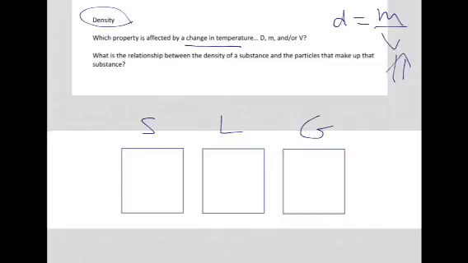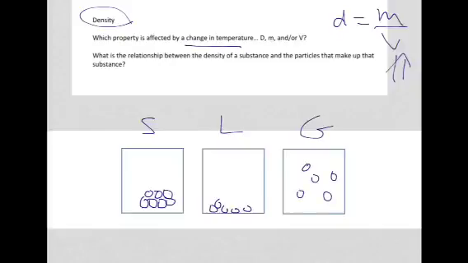If I'm going to represent maybe a circle as an atom or a molecule, then as solids, my circles, and I apologize for my circles not being so great, we would have the atoms or molecules closest together. Liquid, of course, they're close together, but not as much as a solid. And then for a gas, they're going to be further apart.